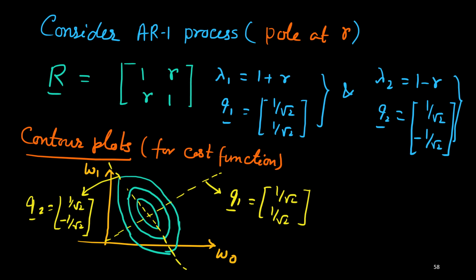And this concept, eigenvalue decomposition, these eigenvectors and eigenvalues, are important concepts in adaptive signal processing. We'll discuss this in detail in due course, and I'll show you that the cost function that we considered initially, if it is a 2 by 2 matrix R, means only two weights W0 and W1, for that the cost function, the quadratic equation you will get, that will give you one elliptical surface, an ellipse.